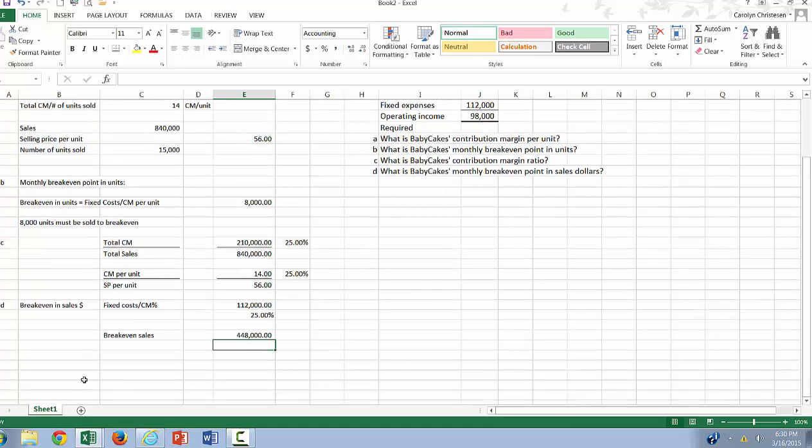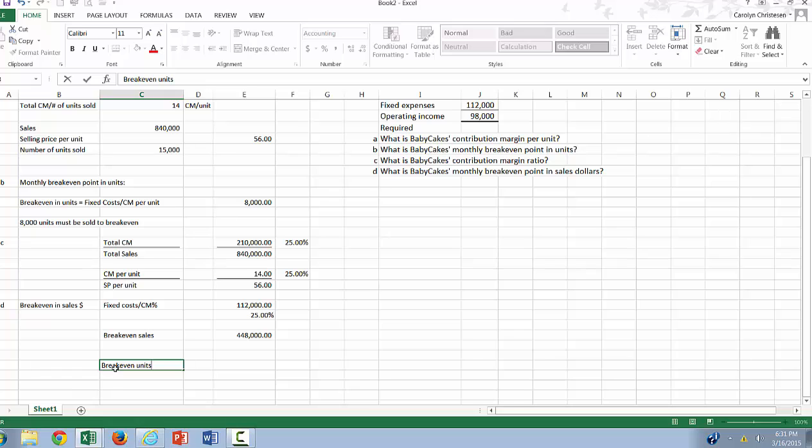An alternative way to find break even in sales dollars is to multiply the break even in units times the selling price. Recall that break even units were 8,000, and our selling price per unit is $56.